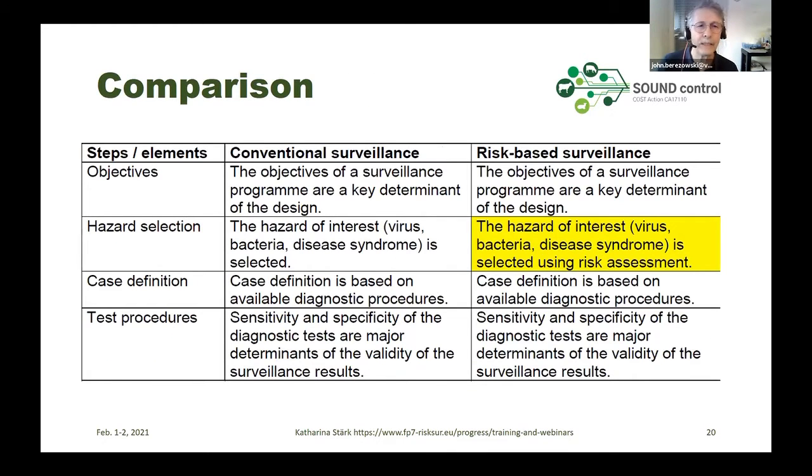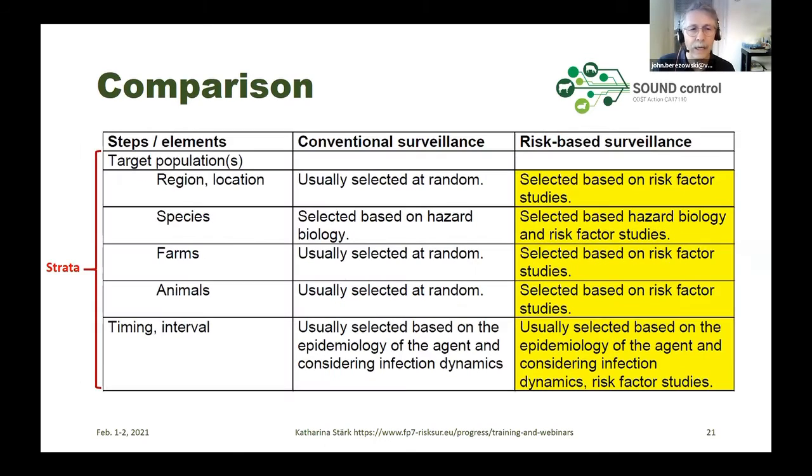Comparing risk-based and conventional surveillance, the objectives are the same. Hazard selection is different. As we saw just in the last exercise, we can use risk-based approaches to select the hazards that we want to include in our surveillance system, or prioritize the use of our resources for surveillance. Case definition is the same. Test procedures are the same.